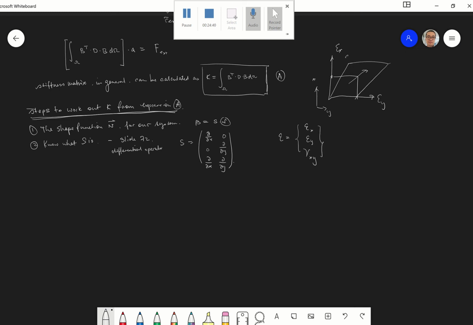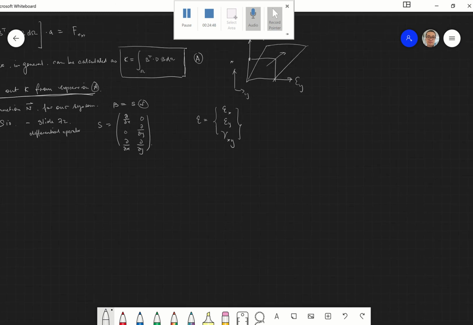So that's in general what you have for the strain in the system, right? And what this really is, basically, is the changing length along x, so du by dx, duy by dy, plus dux by dy plus duy by dx.